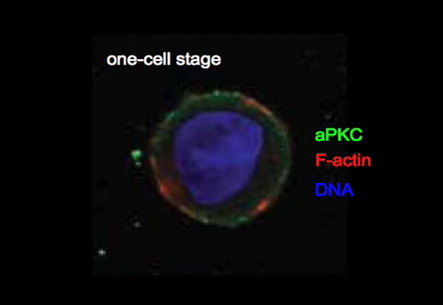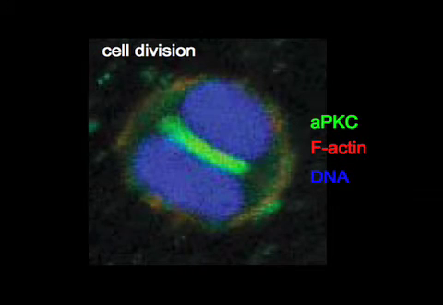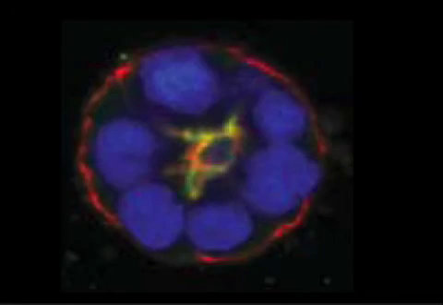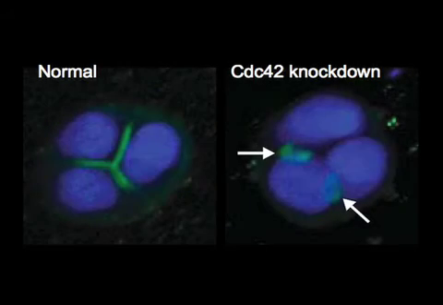In a single CACO2 cell, an apical protein, shown here in green, is located uniformly around the cell membrane, but after division the protein localizes between the two daughter cells. And the protein remains there at the interior of the structure through subsequent divisions. This is not the case, however, in CACO2 cells that lack Cdc42.